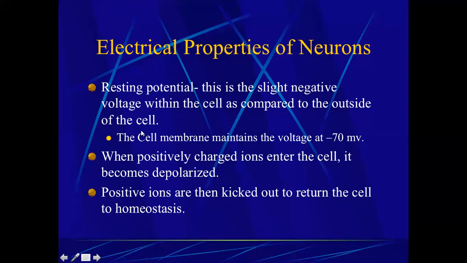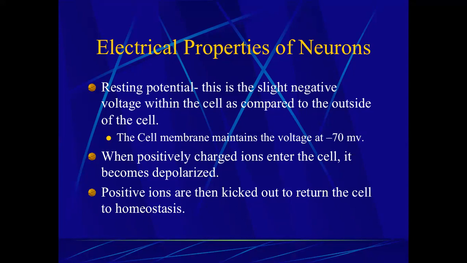All right. So when we talk about the electrical component of this process, within the cell, believe it or not, there is a voltage. And if you were to use, as electricians do, something called a voltmeter, you would compare the difference of voltage within the cell relative to outside of the cell.